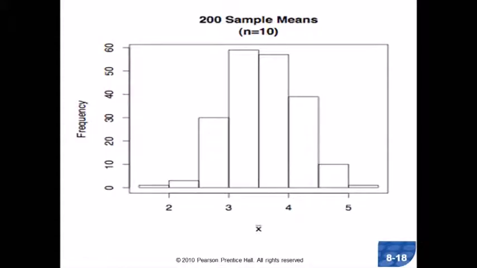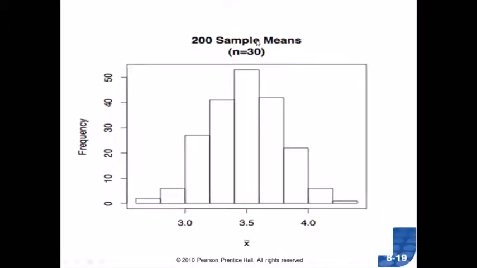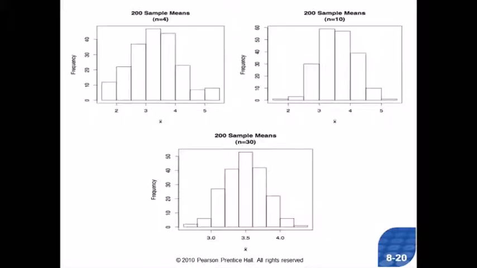Notice there are changes, especially in the tail part. And let's increase the sample size now to 30. With this sample size, our histogram resembles now the bell-shaped figure or the normal curve. So we have the 3 histograms.